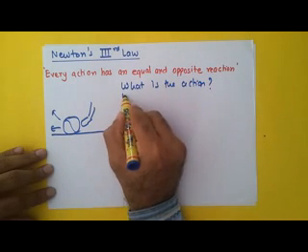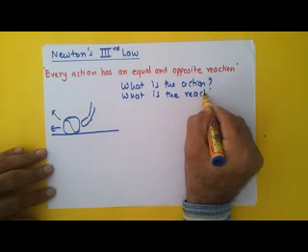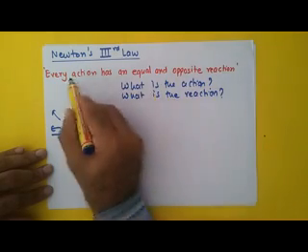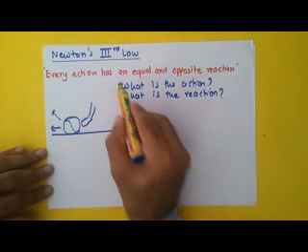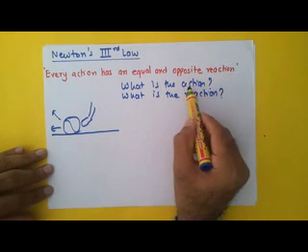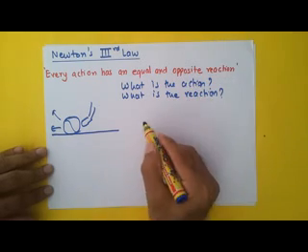And the second question I have is, what is the reaction? Of course, I'm talking with reference to Newton's third law because it talks about equal and opposite reaction. So we should be clear about what is action and what is the reaction.